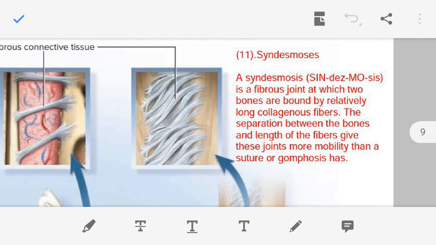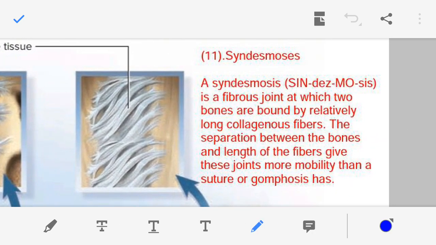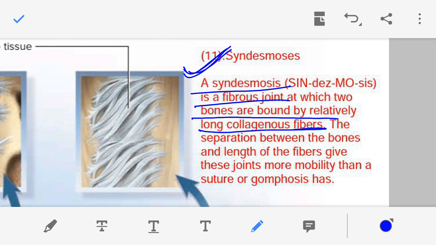Then the last type of fibrous joint, syndesmosis. Now what is syndesmosis? First of all, a syndesmosis is a fibrous joint, and in this type of joint, two bones are bound by long collagenous fibers.